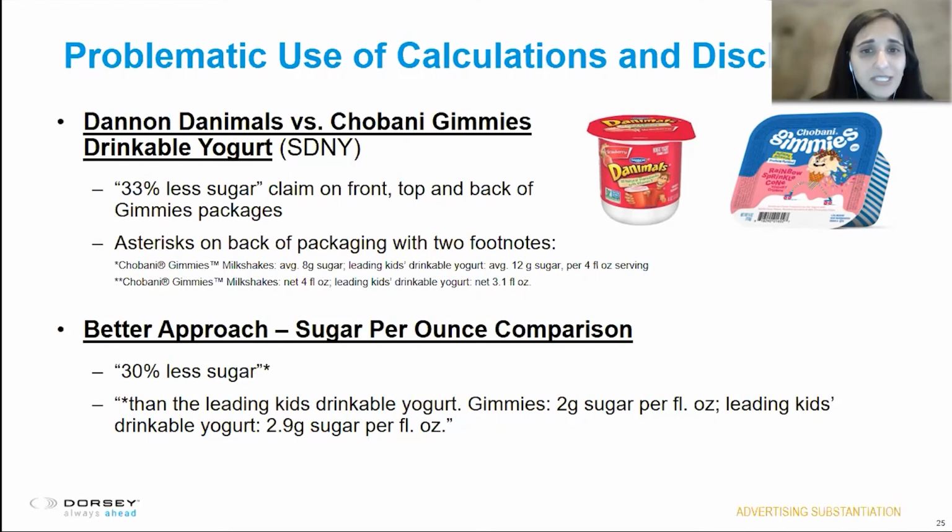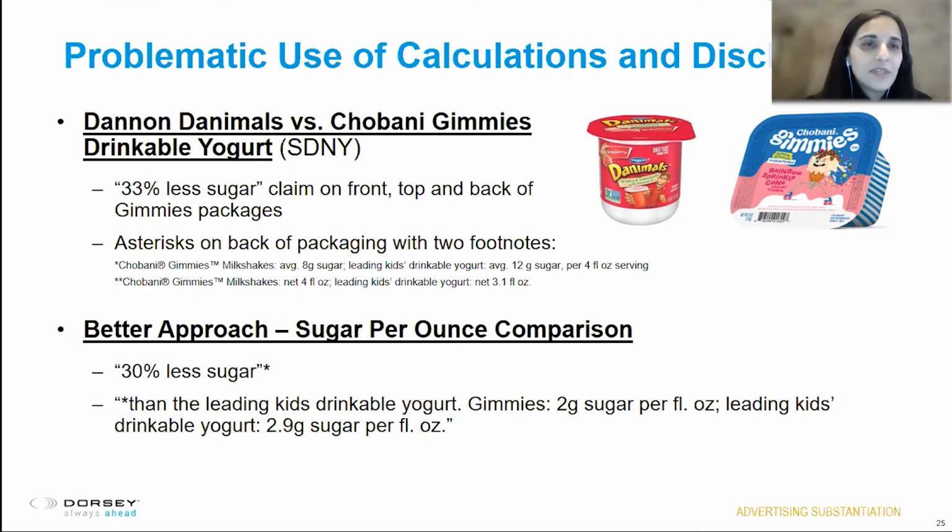And it was really difficult because they were comparing 4 ounce servings versus 3.1 ounce servings versus different varieties, different flavors. Some had more sugar, some had less sugar. You were supposed to average them, but consumers didn't know all that. They didn't have all the information.